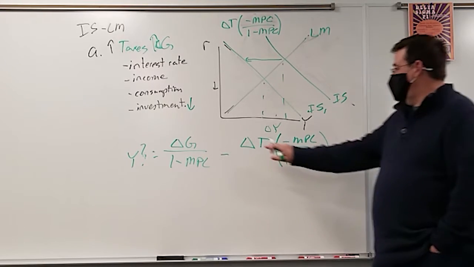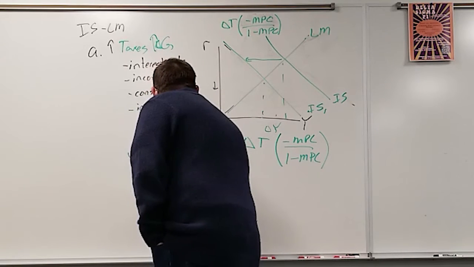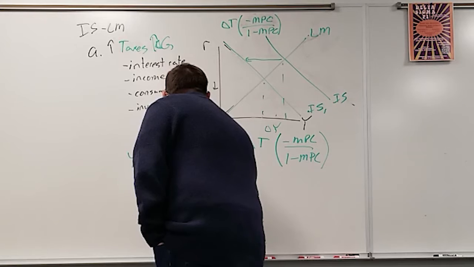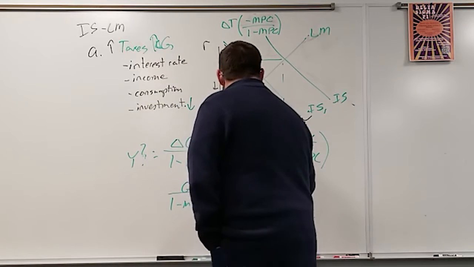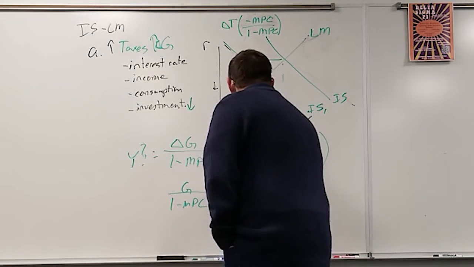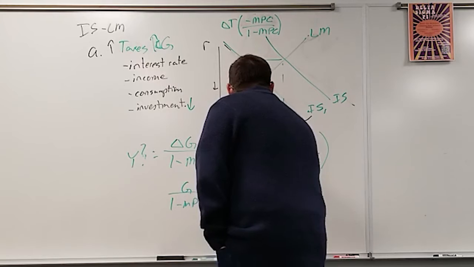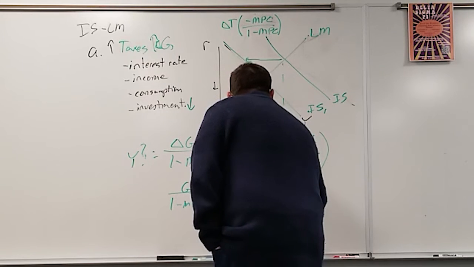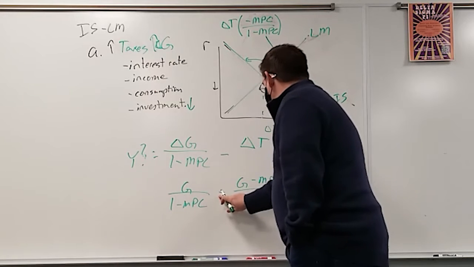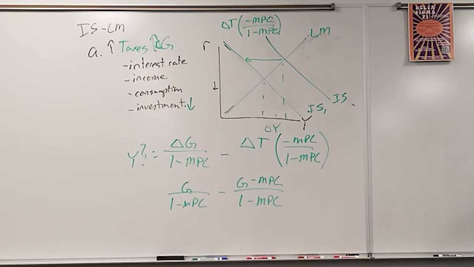If we say that G is equal to T, then we would get G over 1 minus MPC minus G times MPC over 1 minus MPC. All right, well, G minus G, I'm sure I'm doing my algebra wrong here.